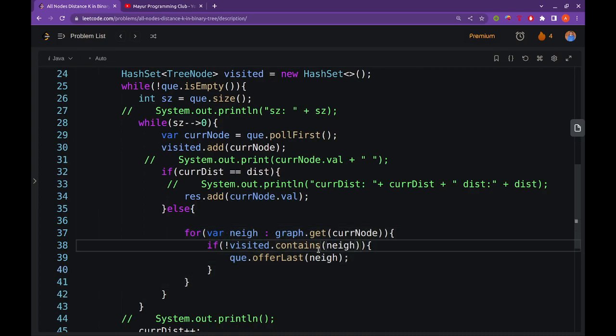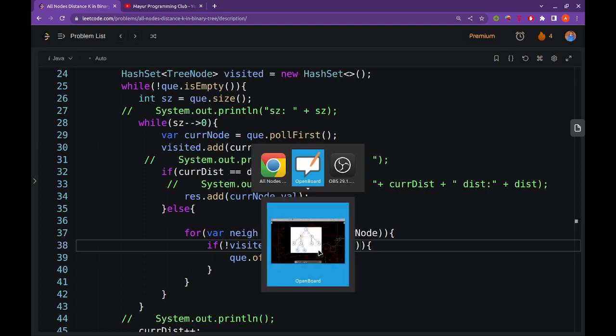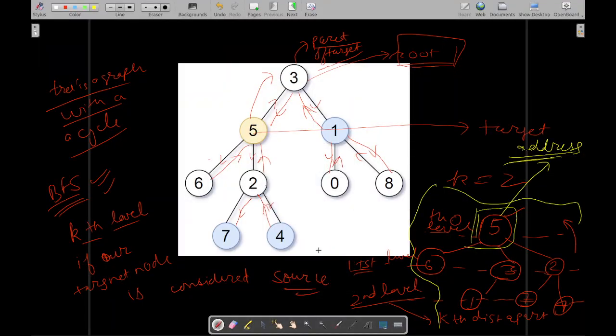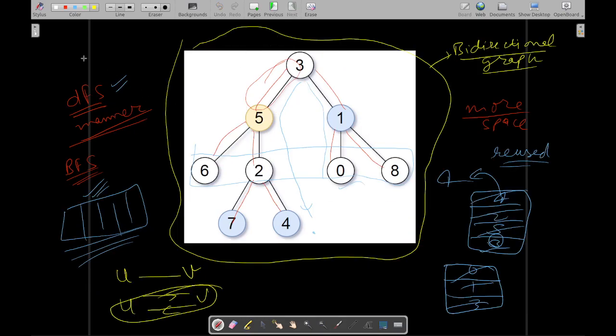And for checking that we are not going backwards, for example, if you consider a bidirectional edge between 3 and 5, and you are going from 5 to 3, then 3 is a neighbor of 5 and 5 is a neighbor of 3.